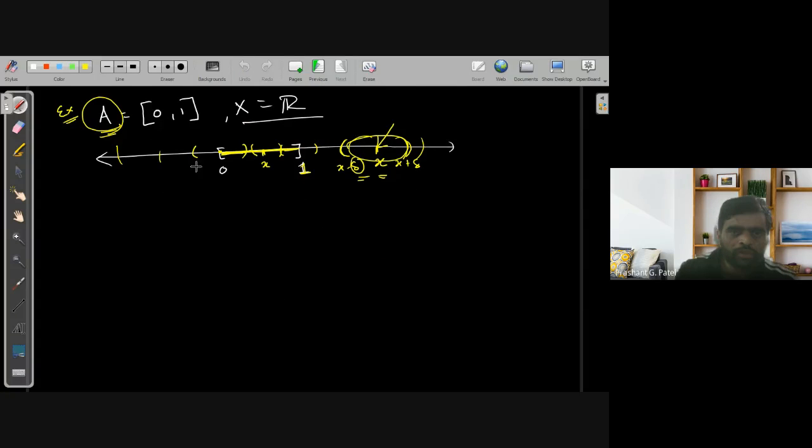Okay, so what are the limit points of this set A? The closed interval 0, 1 is the set of limit points of A. That gives you the argument for how to write it down.